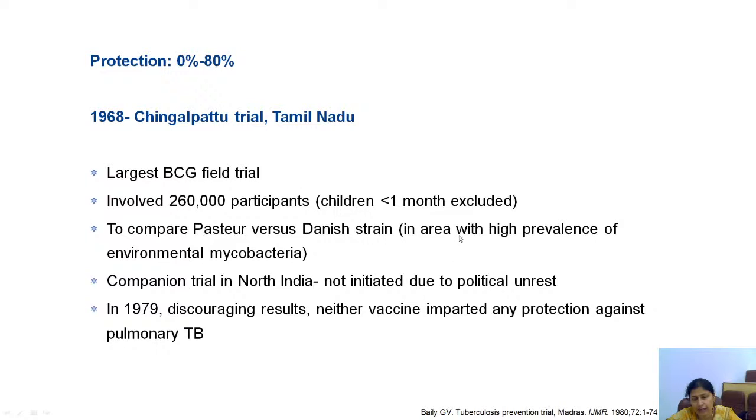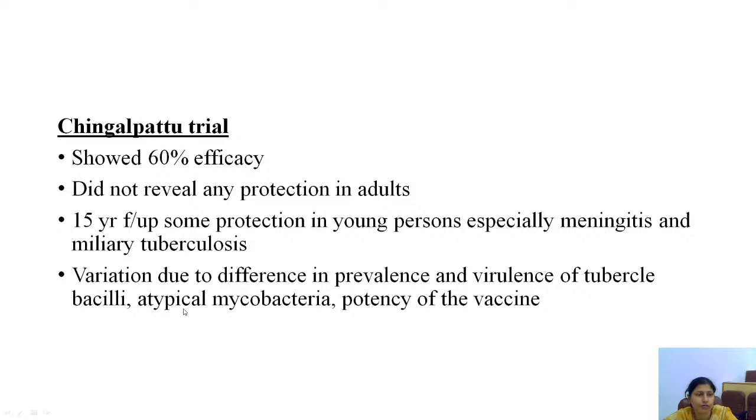It was conducted in an area with high prevalence of environmental mycobacteria. A companion trial in North India was not initiated due to political unrest. In 1979, with discouraging results, it was concluded that the vaccine imparted no protection against pulmonary TB.